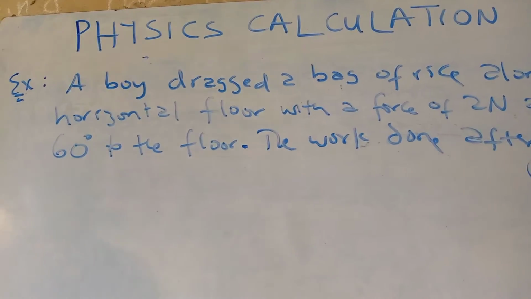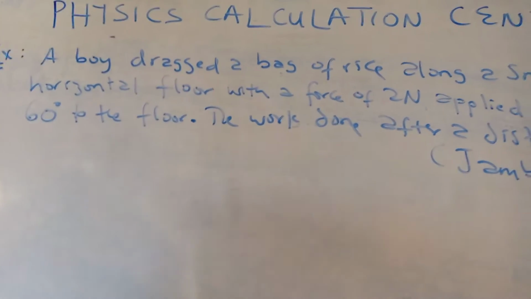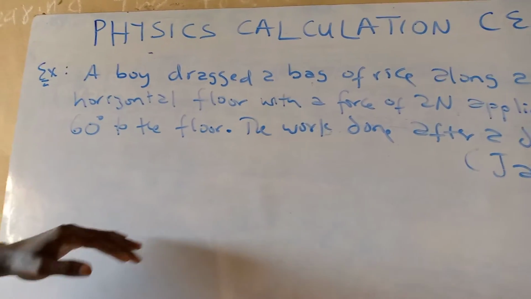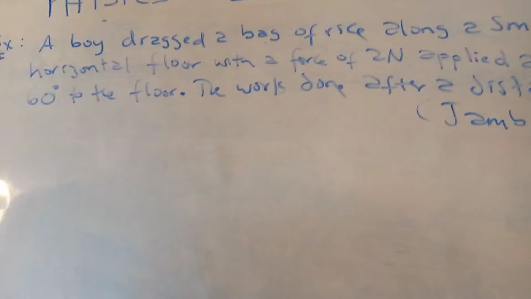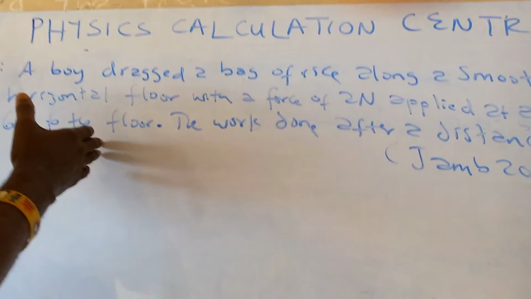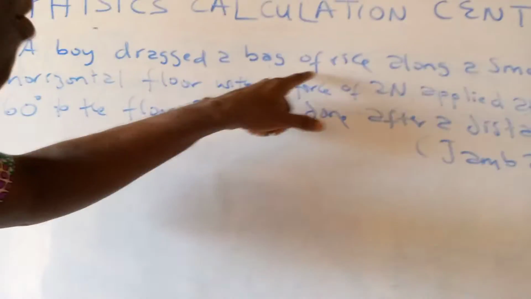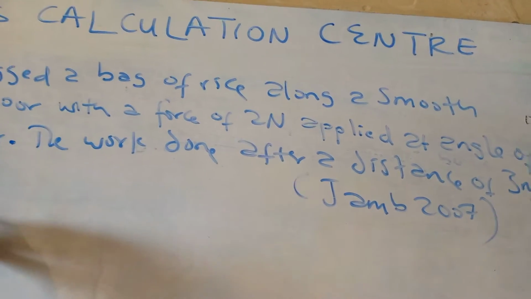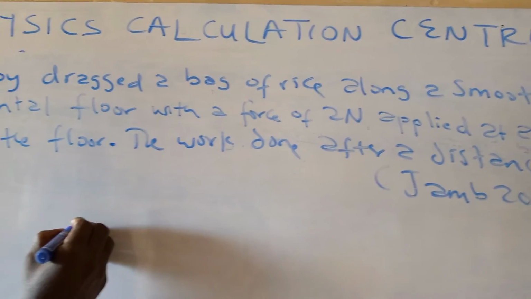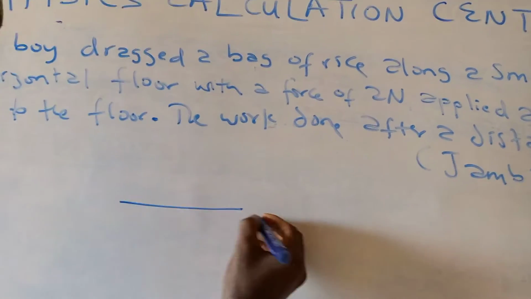Now, if you remember from our past videos, we said that if the force is applied on the horizontal, the formula is different from when it is applied on the vertical. It says a boy dragged a bag of rice along a smooth floor.